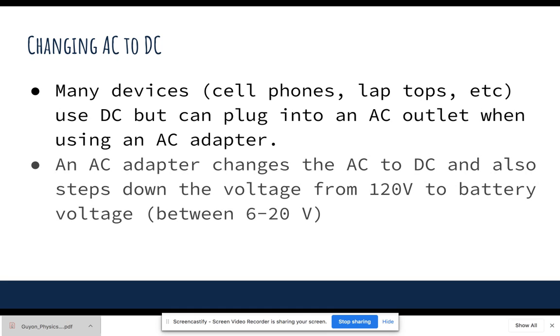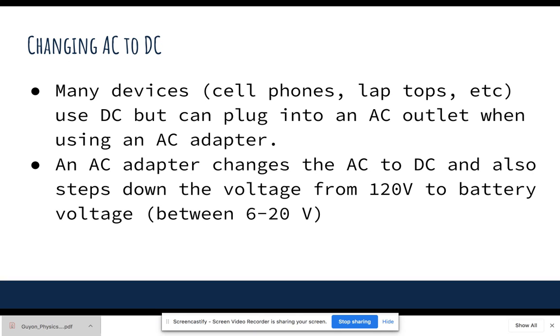So many devices, such as cell phones, laptops, etc., use DC, but can plug into an AC outlet when using an AC adapter. Okay, so you'll see a lot of times with a cell phone, you have the little box thing that you plug in. That's converting AC to DC, so alternating to direct current.